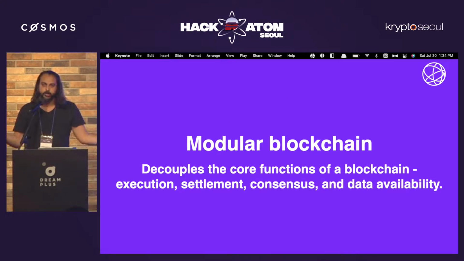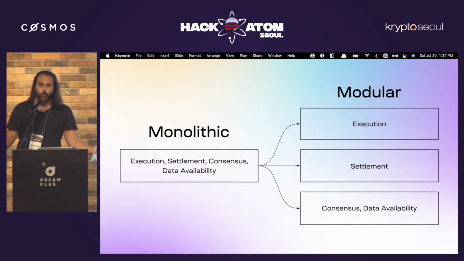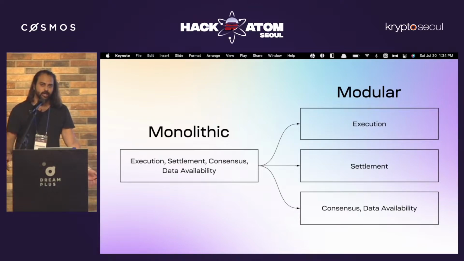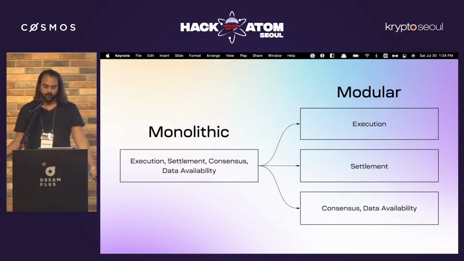So what is a modular blockchain? A modular blockchain decouples the core functions of a blockchain: execution, settlement, consensus, and data availability. On the left-hand side, you see what a monolithic architecture is. It combines execution, settlement, consensus, and data availability.